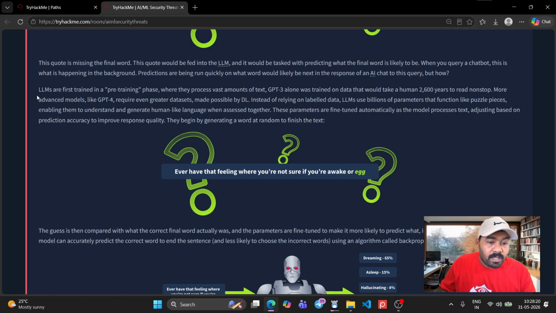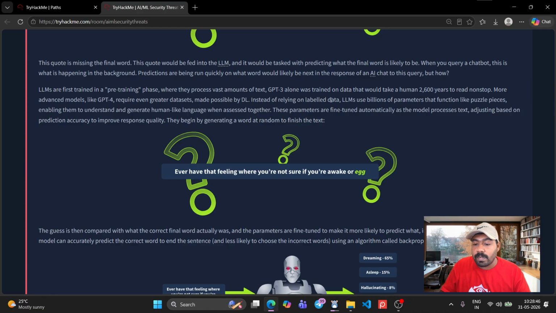LLMs are first trained in a pre-training phase, where they process vast amounts of text. GPT-3 alone was trained on data that would take a human 2600 years to read non-stop. More advanced models like GPT-4 require even greater datasets, made possible by DL.